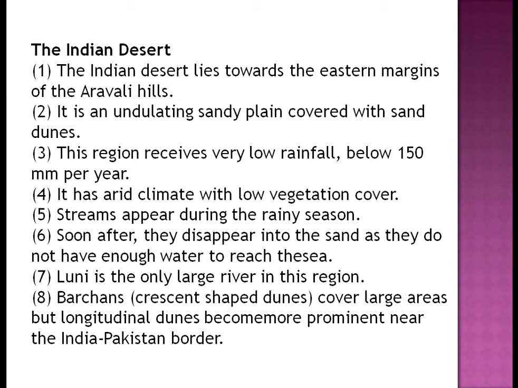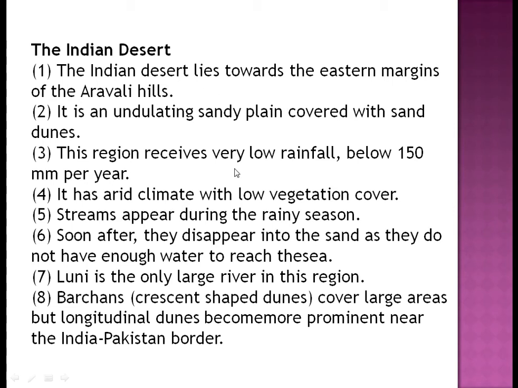First, the Indian desert. The Indian desert lies towards the eastern margin of the Aravalli Hills. It is an undulating sandy plain covered with sand. So here, the specific features, its location you have to mention.